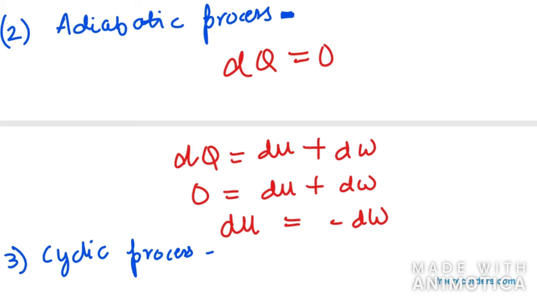So when a gas expands adiabatically, dw is positive, therefore du must be negative, that is, internal energy of the system would decrease and the gas will be cooled down.